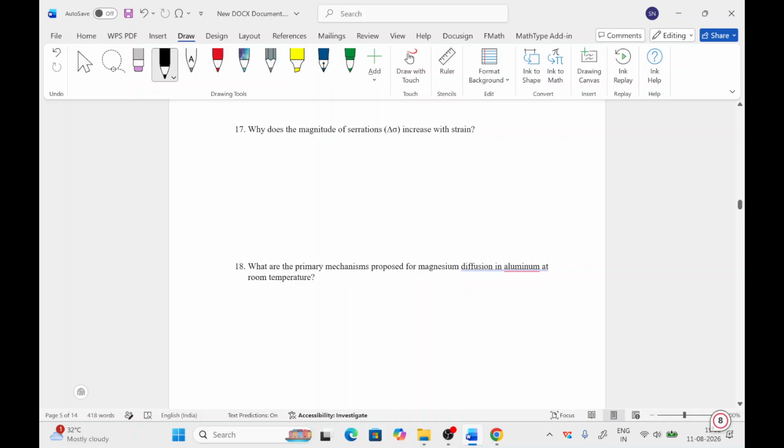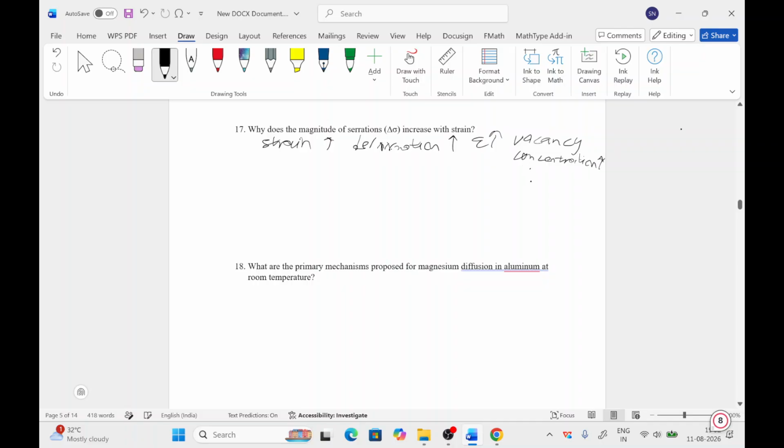So as we increase the strain further and deformation continues, with increase in strain, the vacancy concentration also increases.